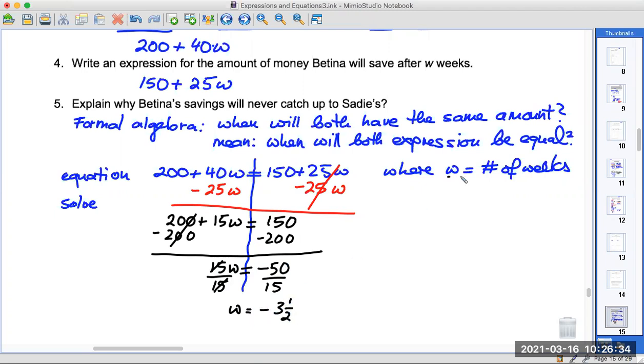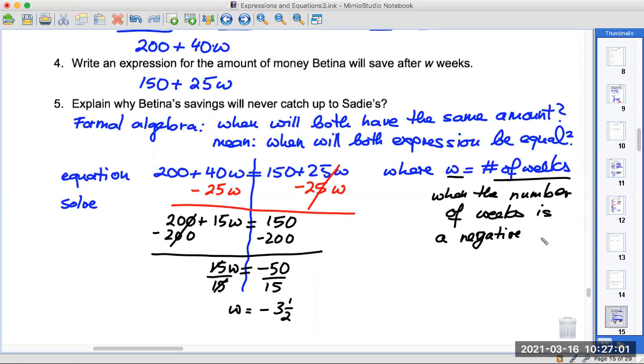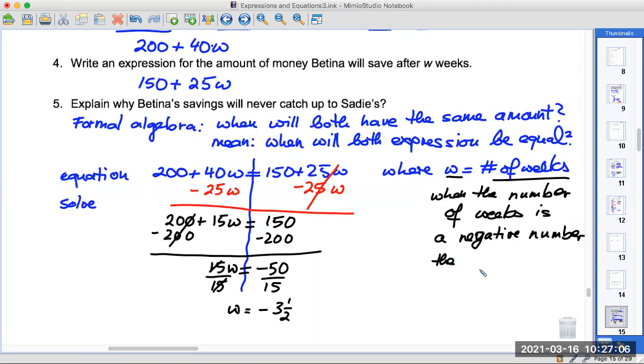So let's remember, W is the number of weeks when they have the same. Is that possible? Can we have a negative number of weeks? When the number of weeks is a negative number, they will never have the same amount of money, because there's no negative weeks.